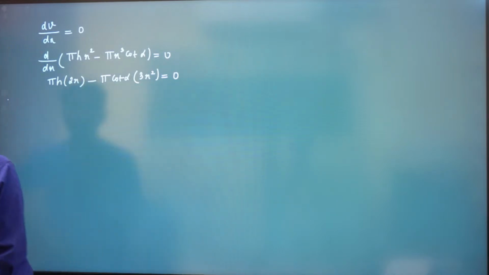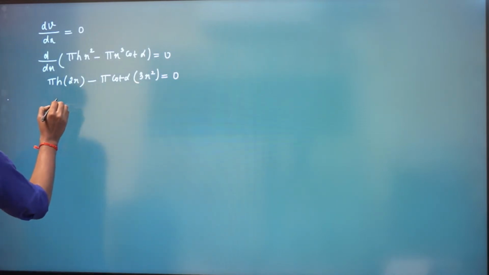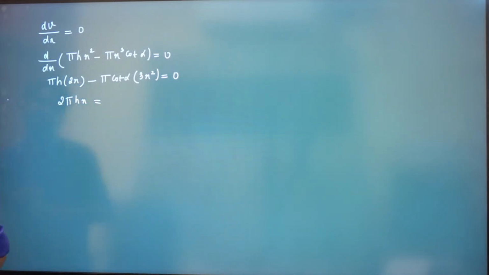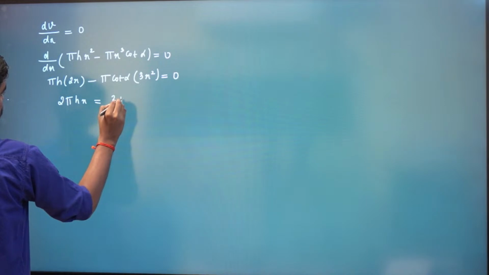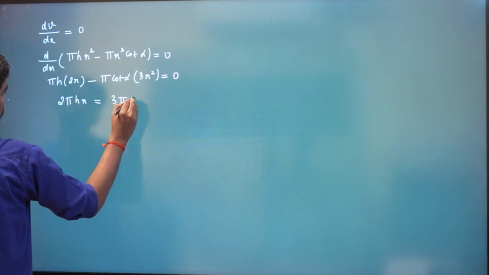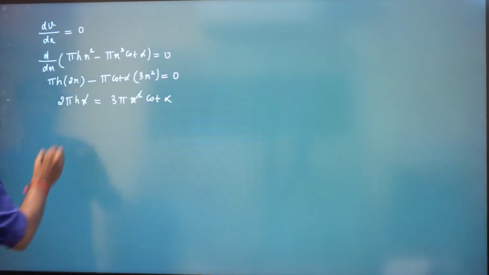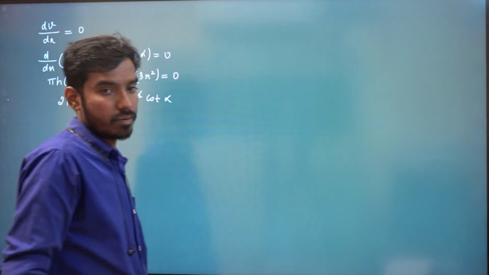Right. So we have 2 pi h x is equal to 3 pi x square cot alpha. I can cancel one x because x is non-zero here.